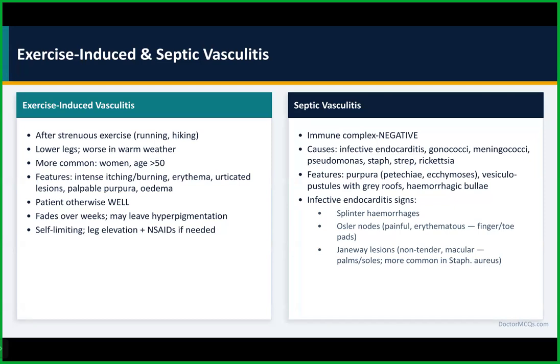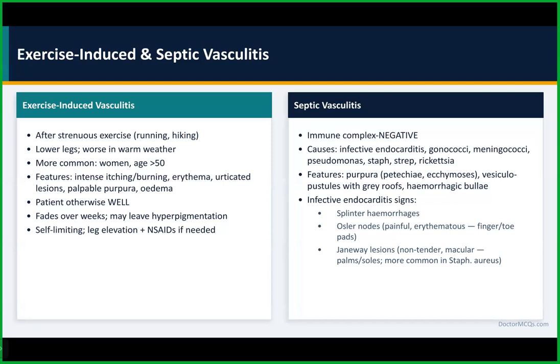Otherwise, all you can do is rest for the patient, some leg elevation and compressive stockings. Tell the patient to use cool packs and avoid triggers like long standing or going for a long walk, and just reassure because it's a very benign condition. The patient feels otherwise well. If pain is associated, you can also provide NSAIDs.